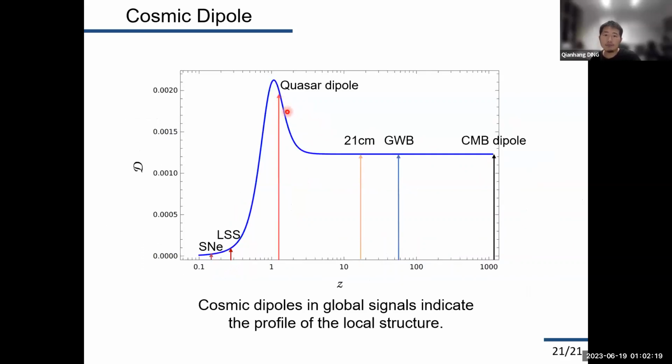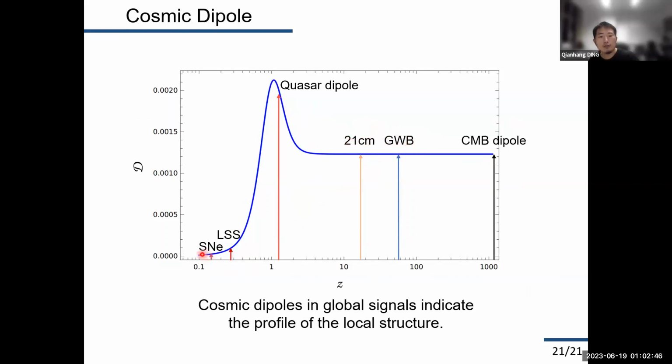And also, in future observations, if we can observe the 21 centimeter background and the gravitational wave background, they also have some dipole structure. And if there really is a local void structure, the dipole structure in the 21 centimeter background and the gravitational wave background should be similar.